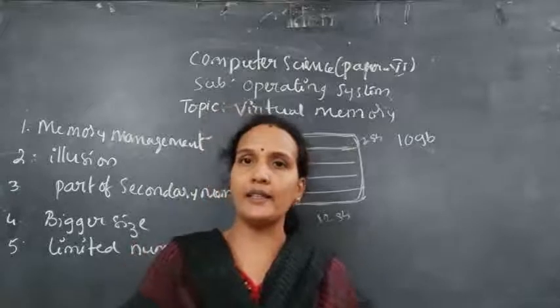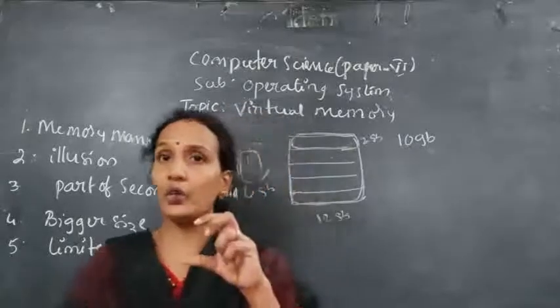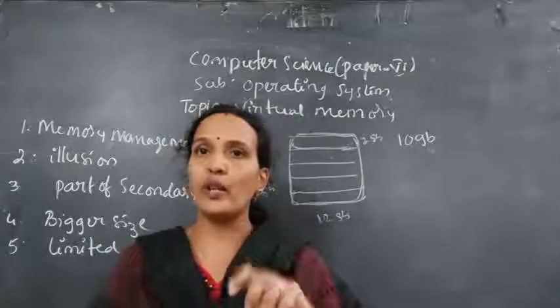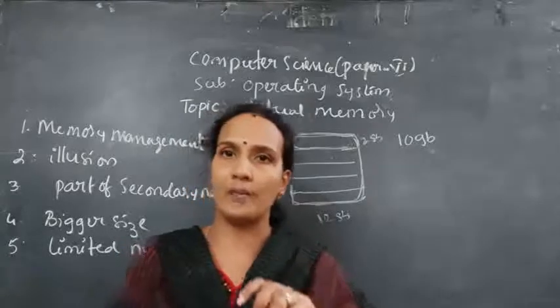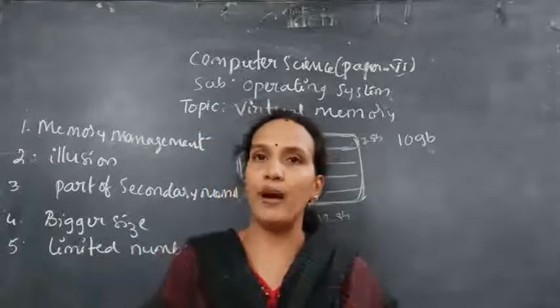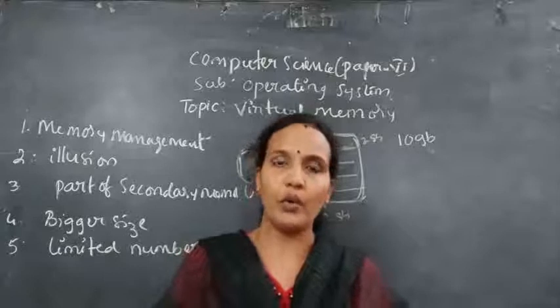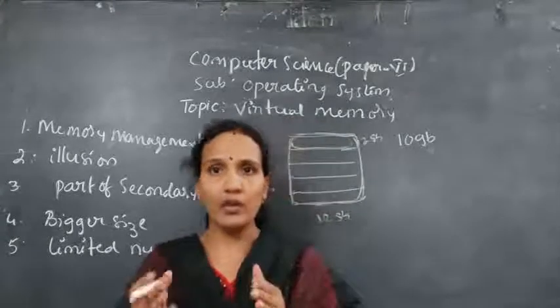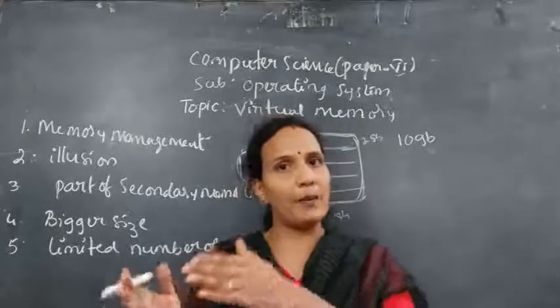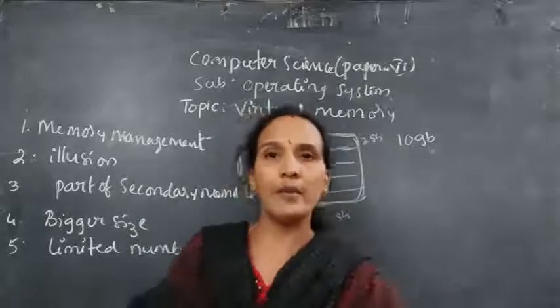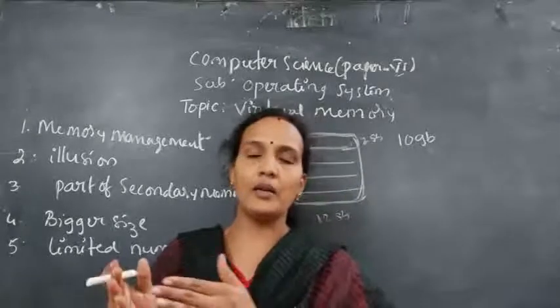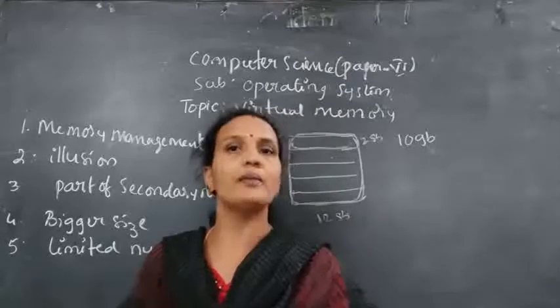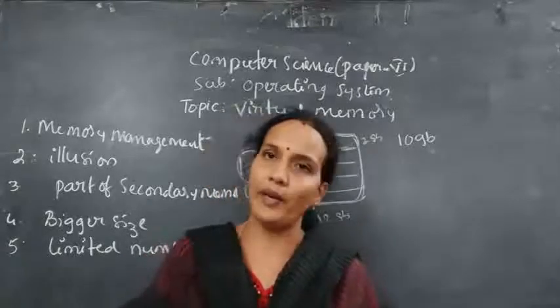Understood? In the paging technique, as I have already explained, the total user process is divided into different parts, and each part is called a page. Whenever the user wants to execute, those pages are loaded into the main memory for execution. The size of the page and the size of the frame should be the same.